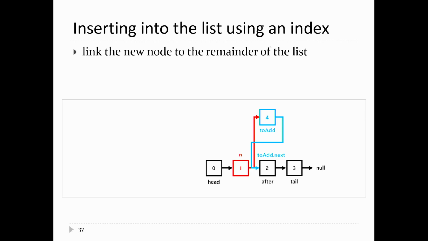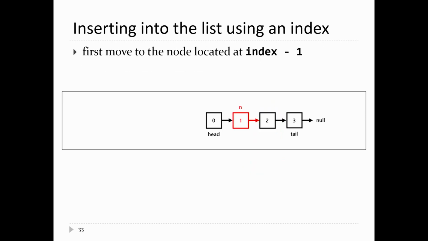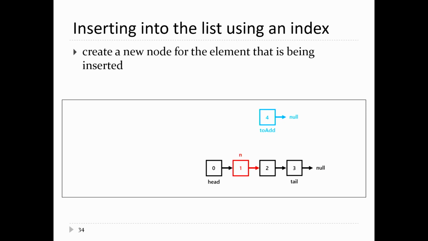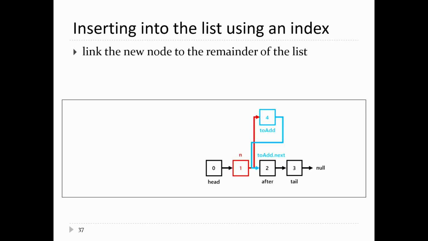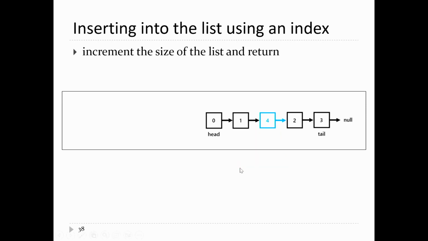And that effectively inserts an element into the list. But notice the steps required. Once you get to the node, make a node, remember a link, adjust the link, adjust the link. So there's a constant number of operations to insert a new node, assuming you have the node in front of it. And then, of course, don't forget to increase the size of the list by 1, and you're done.